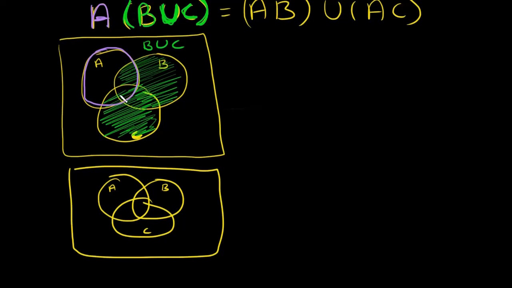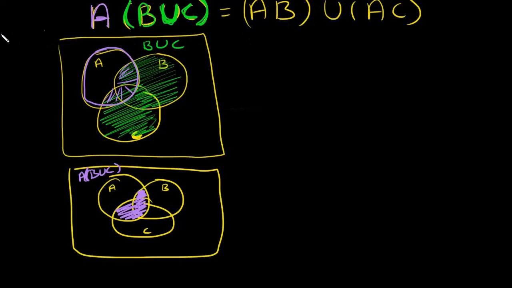So that would be right here. This is where you're part of A and part of this green area. So this purple area is where A intersection (B union C) is. Basically, this purple area is the left-hand side of the equation.